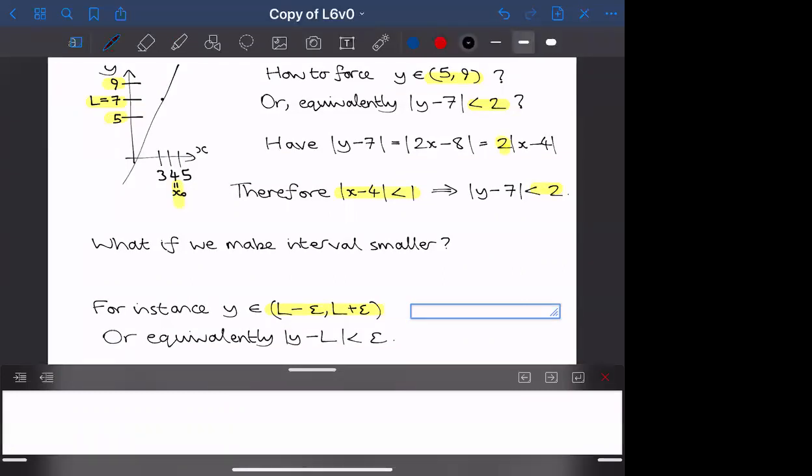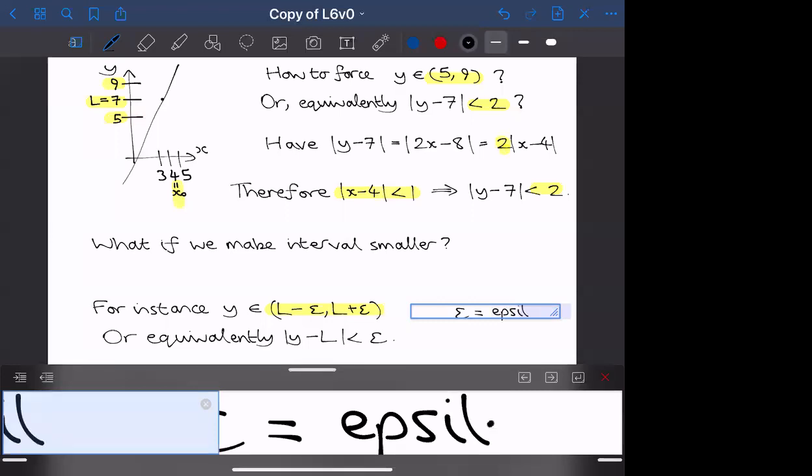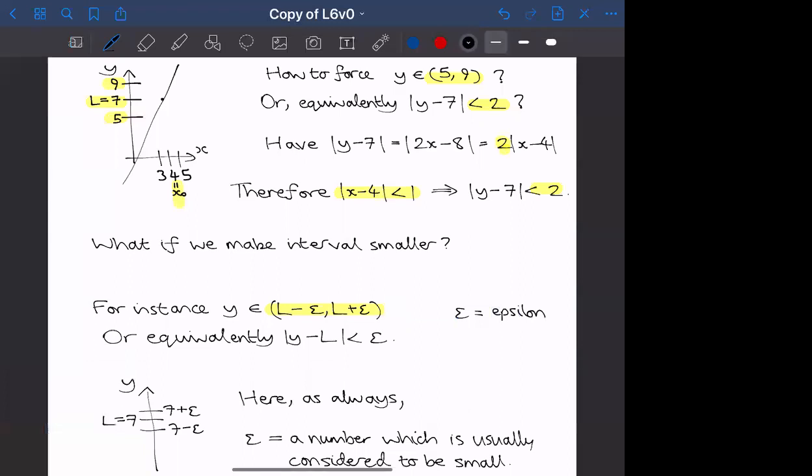This epsilon that looks a bit like an E is the Greek letter epsilon. And this is equivalent, of course, to |y minus L| is less than epsilon.